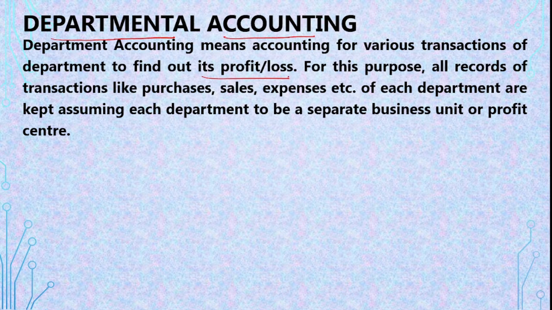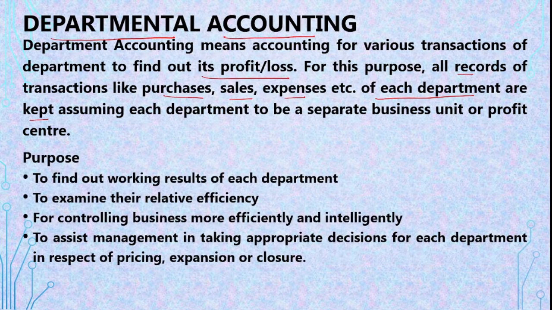So all records of transactions like purchases, sales and expenses of each department are kept separate, assuming each department is a separate unit. For different departments, their purchases, sales, expenses and stocks are kept separate, and each department's accounts are prepared separately to find out their individual profit or loss.